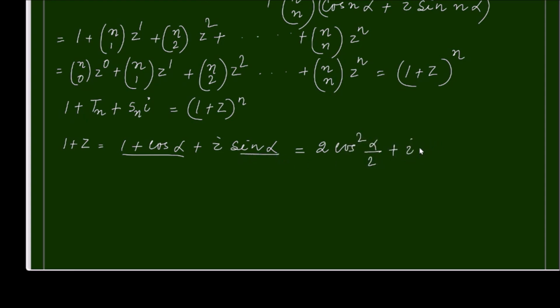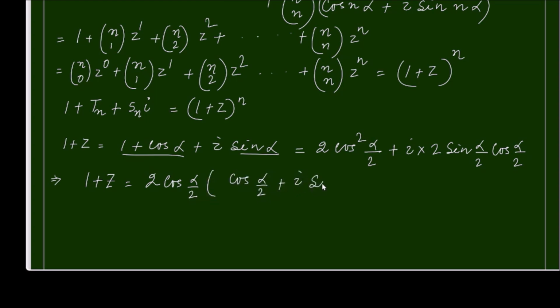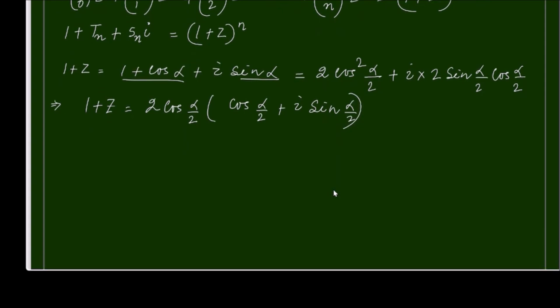I can apply the formula 2 sin alpha by 2 multiplies cos alpha by 2, or 1 plus z equal to 2 cos alpha by 2, taking common, I'll get cos alpha by 2 plus I sin alpha by 2. So when z is a complex number, 1 plus z is also a complex number. Again, I can apply the de Moivre formula.